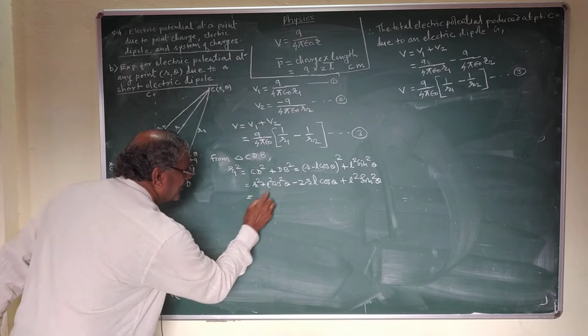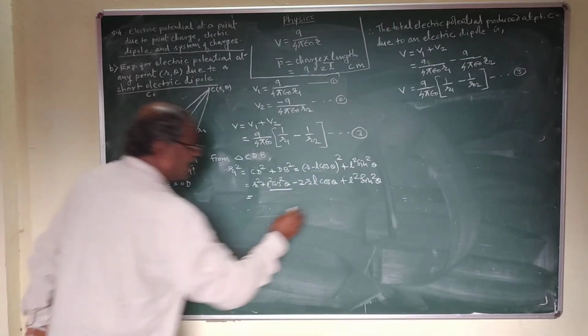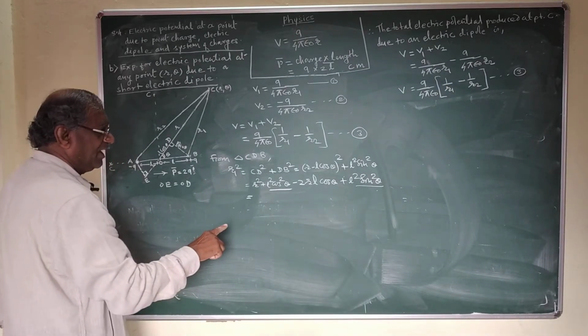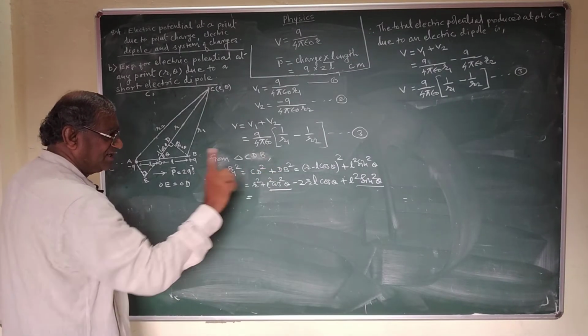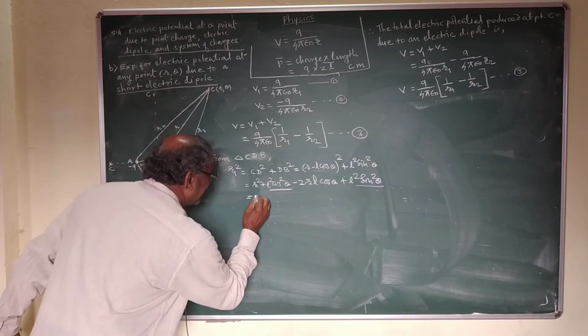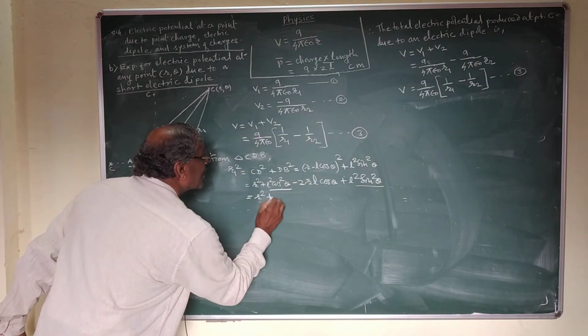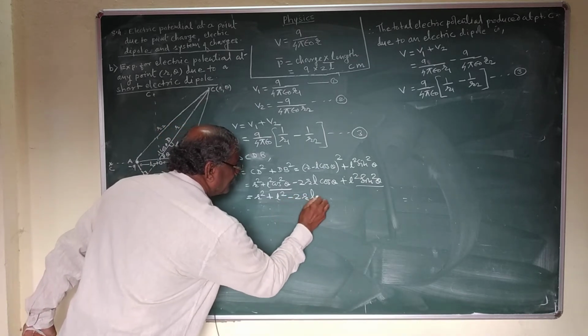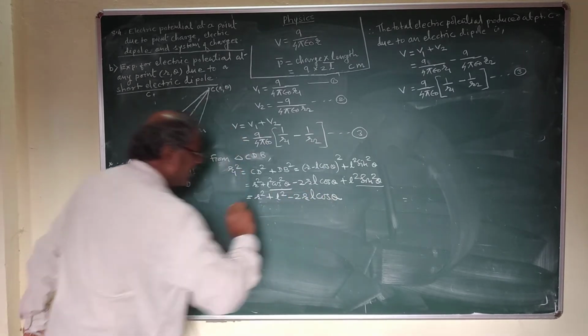Now this is L square cos square theta, this is L square sin square theta. L square is common, and in the bracket cos square theta plus sin square theta is equal to 1. So we can write R square plus L square minus 2RL cos theta.